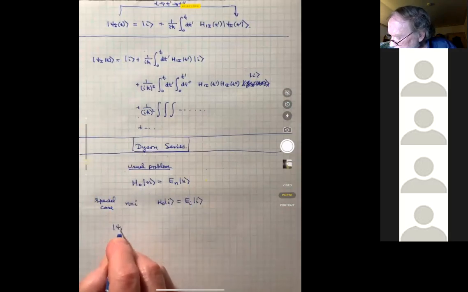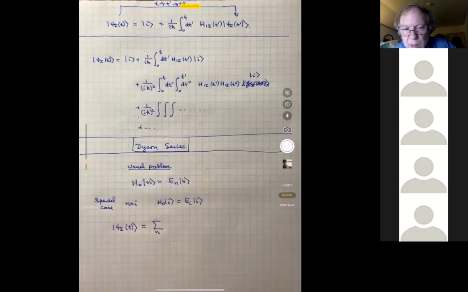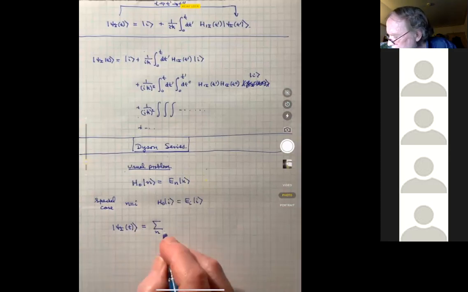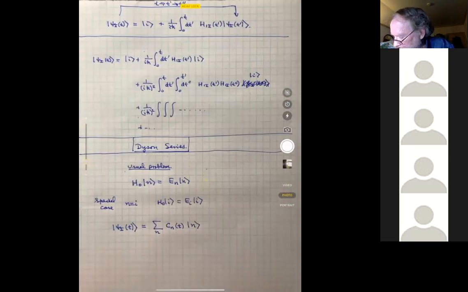Let's also take the state vector in the interaction picture and expand it as a linear combination of energy eigenstates with coefficients I'll call Cn, which are functions of time. If we do this, we can solve for the expansion coefficients by multiplying through by the n vector as a bra. What we get is that Cn of t is equal to the scalar product of n with psi I of t.